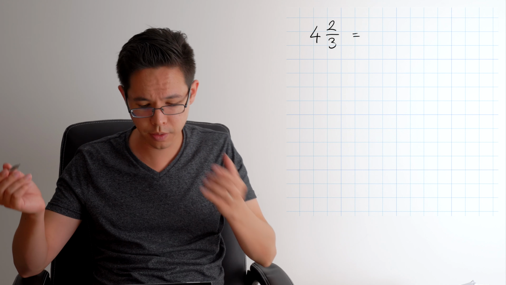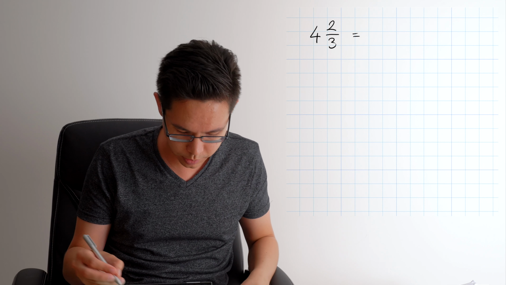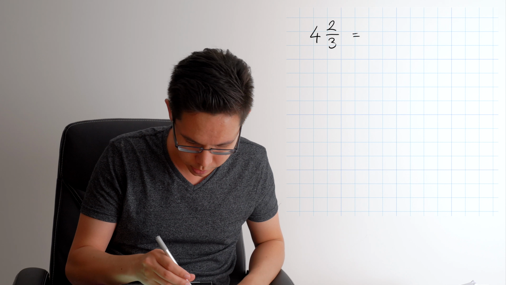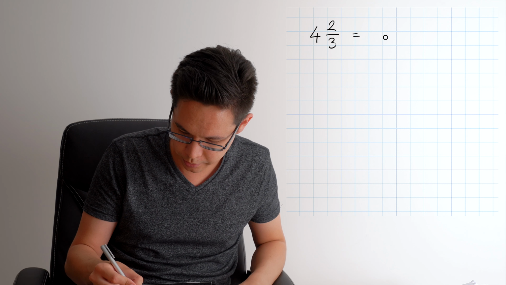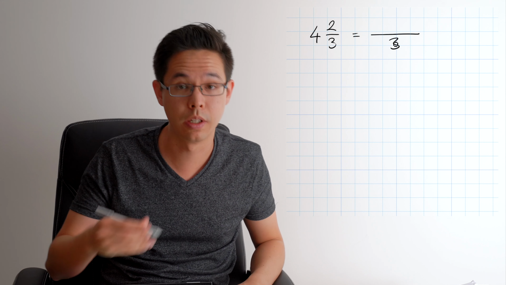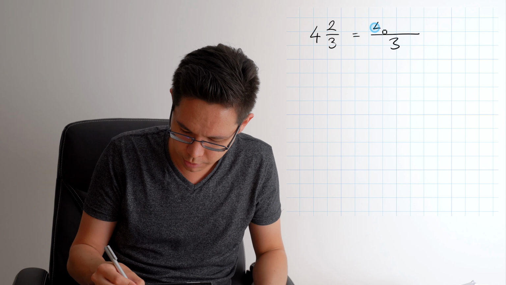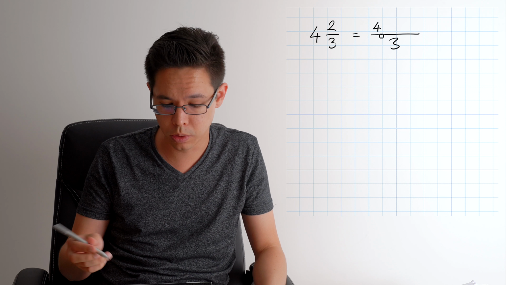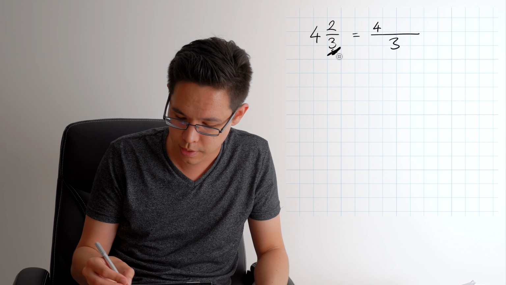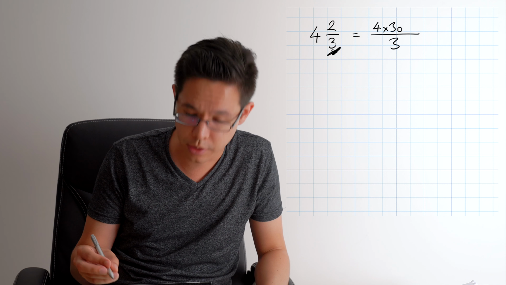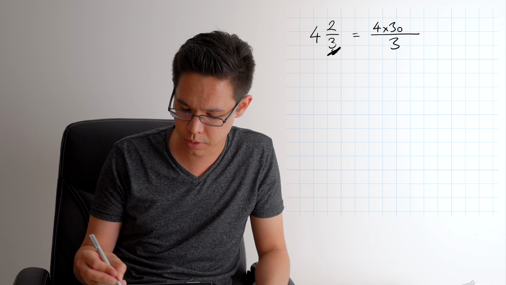So let's do another one, which is a little bit bigger. Here I've got 4 and 2/3. Here I can smash it out, same as the working before. I still have my denominator of 3 because I'm trying to incorporate everything into the top. Each whole had 3 slices in it, so that's 4 lots of those 3 slices to give me the 4 wholes.